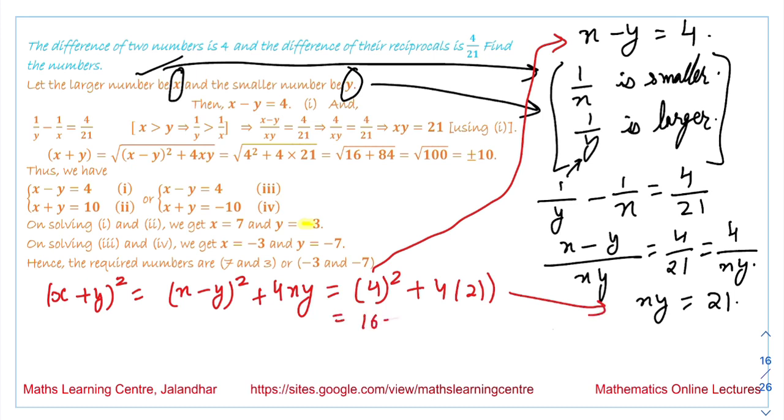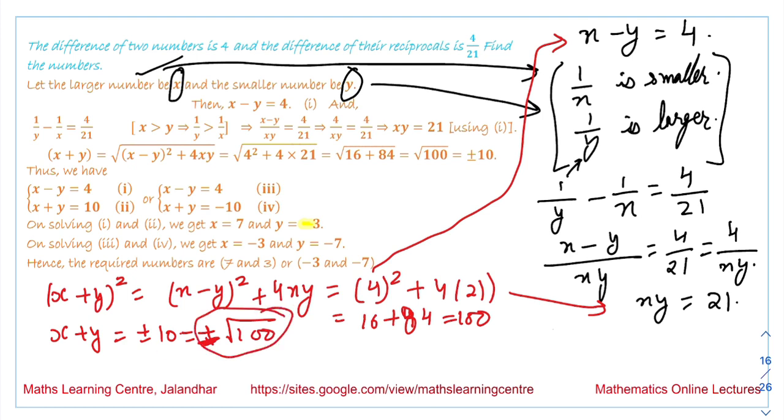The answer you will get is 16 plus 84, which is equal to 100. So the value of x plus y is equal to plus minus 10. Why plus minus 10? It is plus minus square root of 100, and this comes out to be plus minus 10. So we have two equations now.